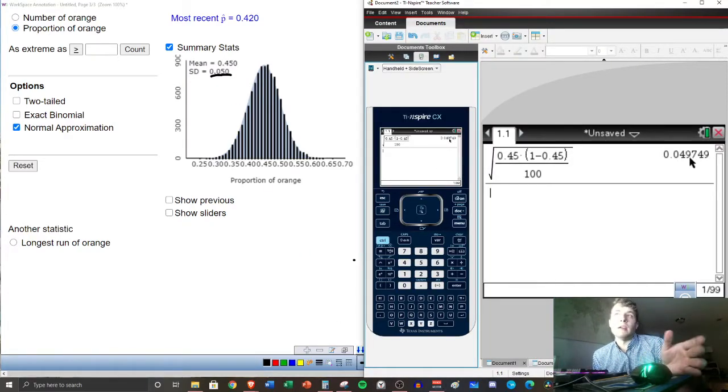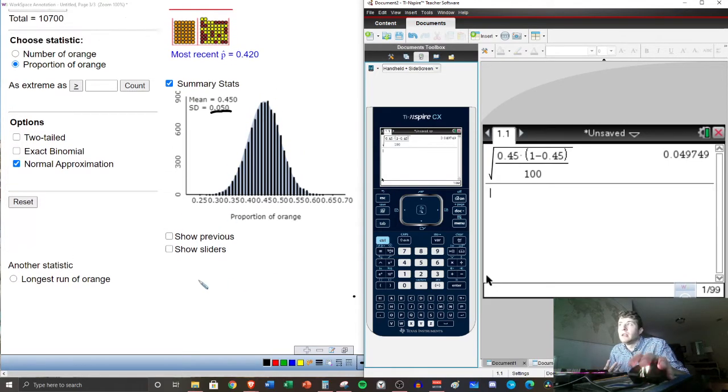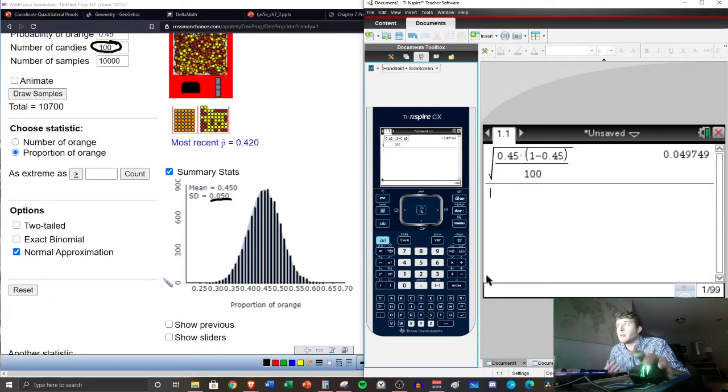If we round it, it obviously would be equivalent, okay? So we're seeing that happen. Now, this applet's not using the formula. It's actually taking all the samples and finding the standard deviation using the standard deviation formula. Menu 411 is what we normally do, but there's 10,700 samples in here, okay? So that's how that formula works.